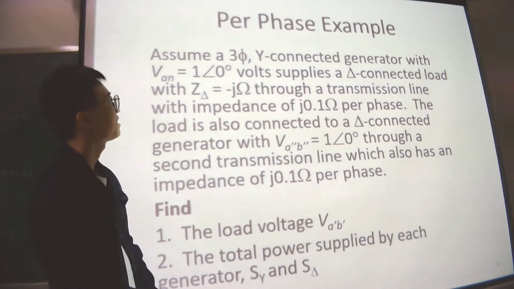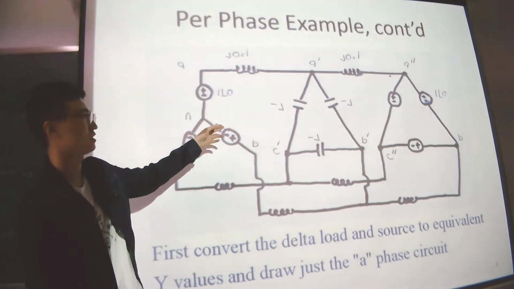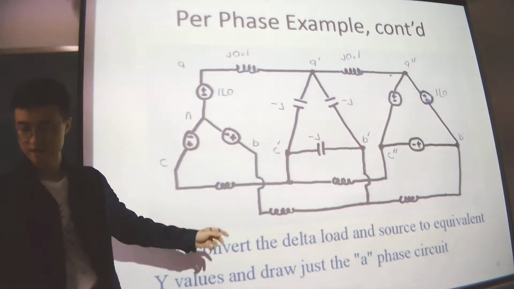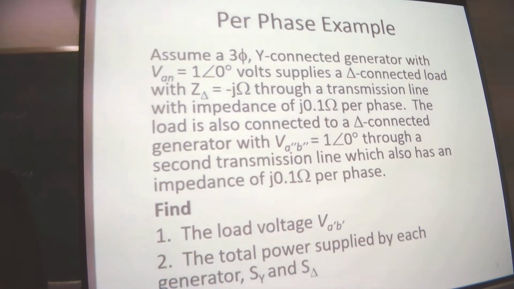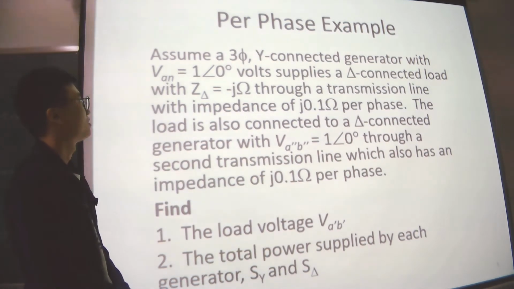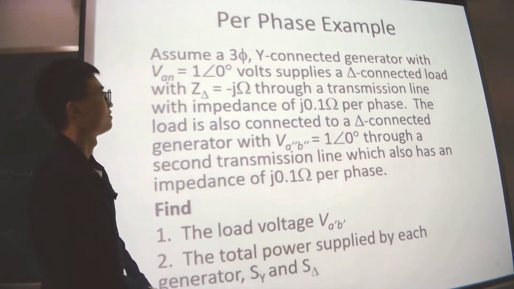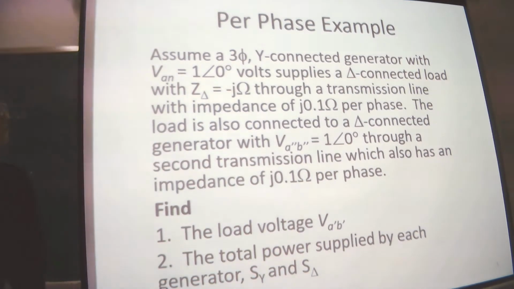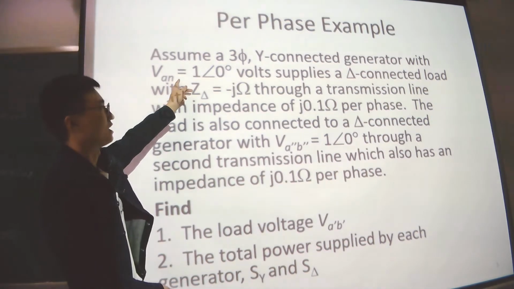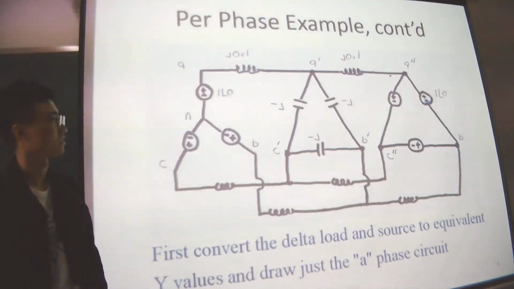The Y-connected generators, the sources, with the voltage of 1 volt at 0 degrees, right? This generator is applied to a delta node.